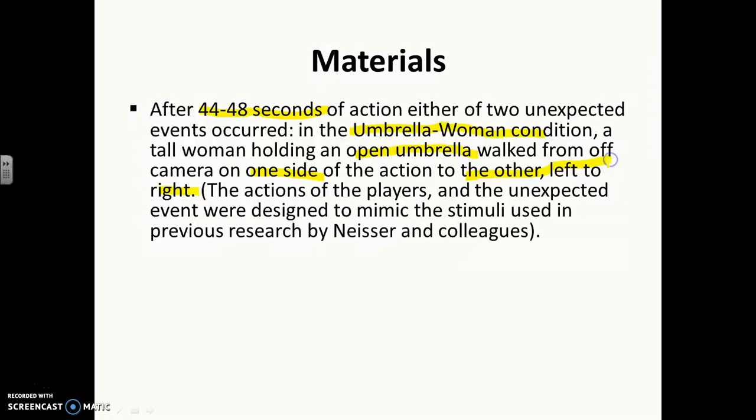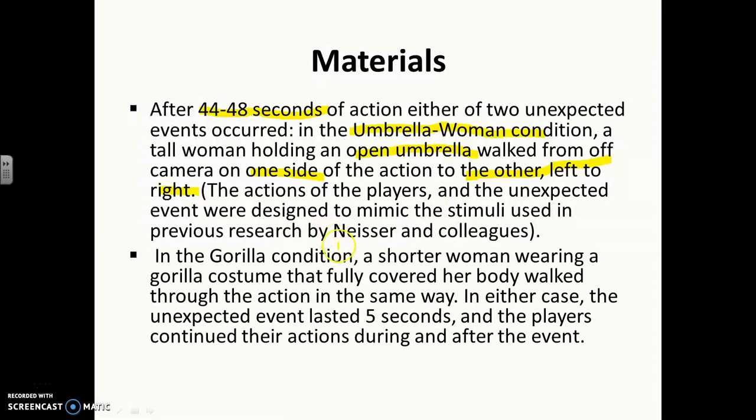The actions of the players and the unexpected event were designed to mimic the stimuli used in previous research by Neisser and colleagues, so this study is partially being replicated from another researcher. In the gorilla condition, a shorter woman wearing a gorilla costume walked through the action in the same way. In either case, the unexpected event lasted for 5 seconds.